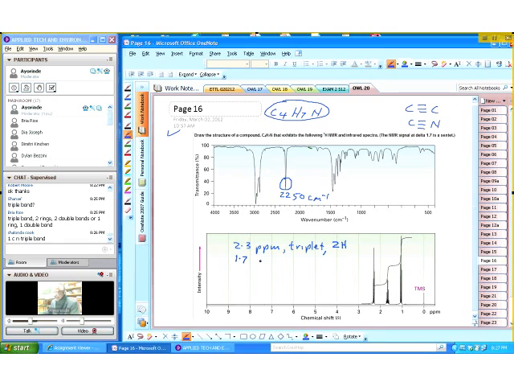This peak at 1.7 parts per million, they already told us it is a sextet, and that is 2 hydrogen. And here, the peak is close to 1.0 parts per million. That peak is a triplet.